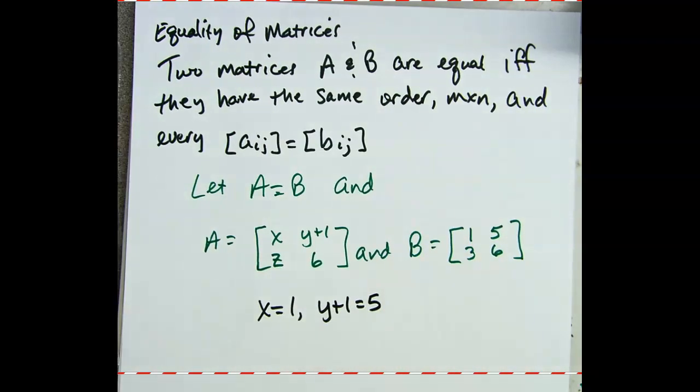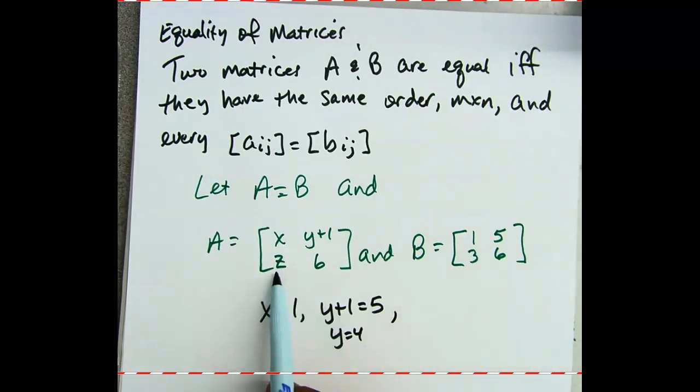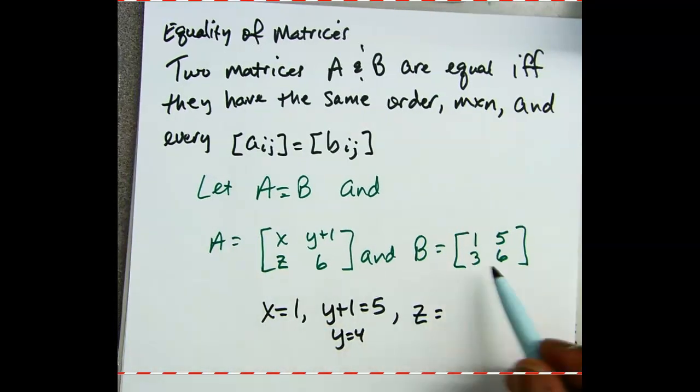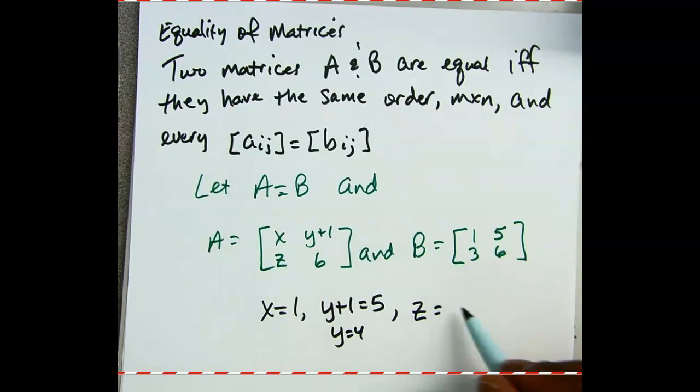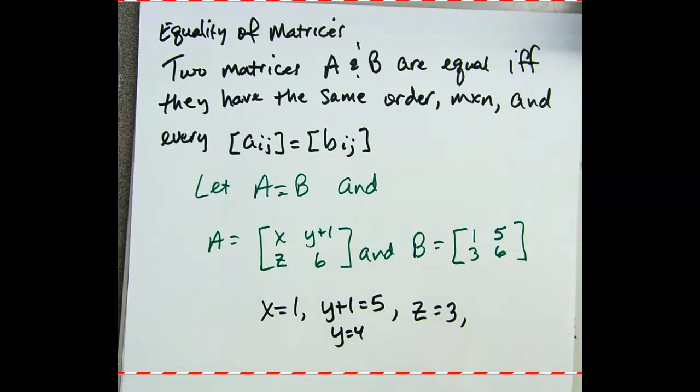And now if we subtract 1 from both sides, we know that y is 4. Row 2, column 1 in matrix A, which is z, has to equal row 2, column 1 in matrix B, so z is 3. And then, of course, 6 equals 6, the last one. So this allows us to solve for missing pieces of a matrix.